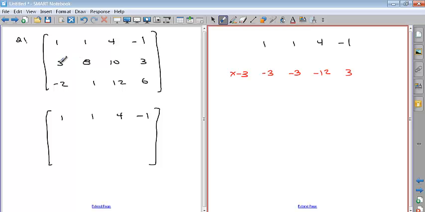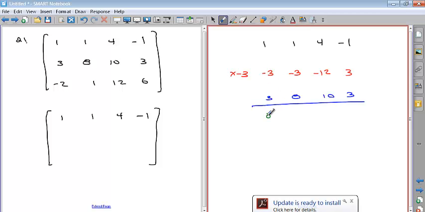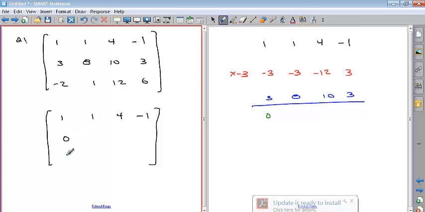To get 0 here, I'm going to have to add this row and the modified first row. So I'm going to take my original second row, and add those, which gives me a 0 here, and that's what I'm looking for. I'm looking for a 0 here, and I'm looking for a 0 there.